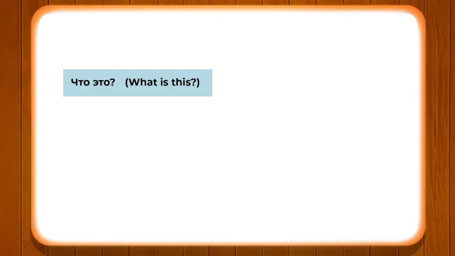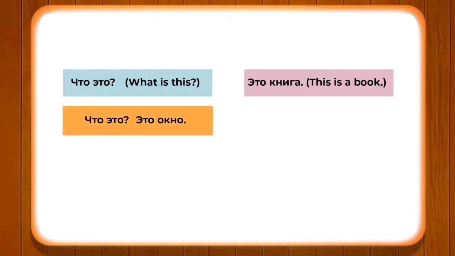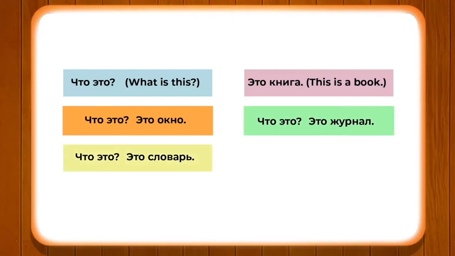Then you can answer. In this case we are answering это книга. This is a book. Это книга. Что это? Это окно. Что это? Это журнал. Что это? Это словарь. Что это? Это ложка.